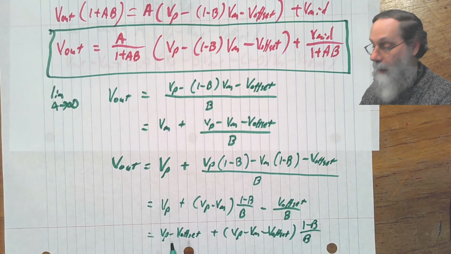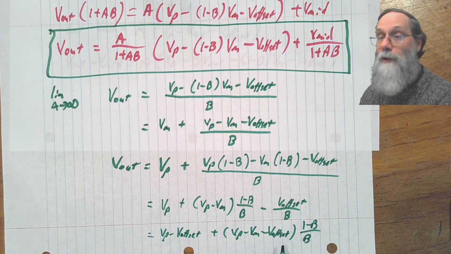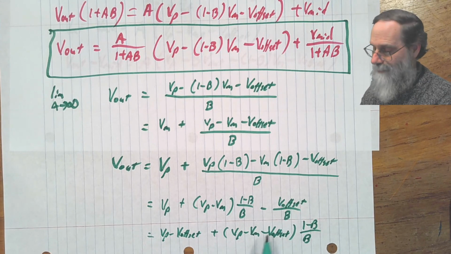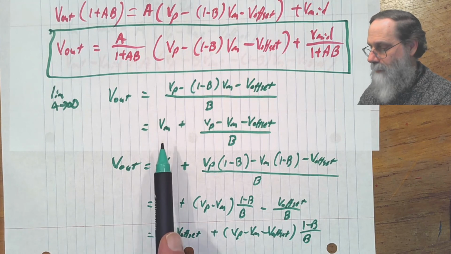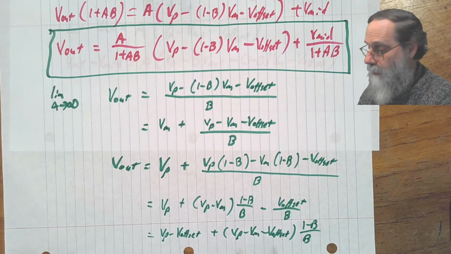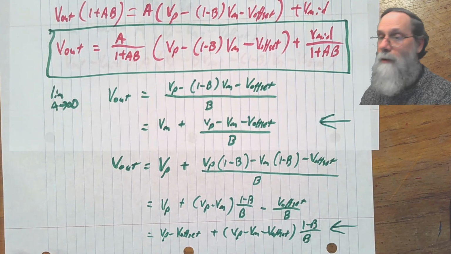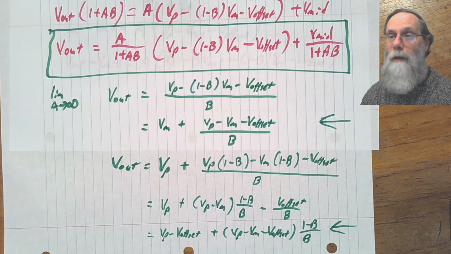Here we have a gain of 1 over B, and here we have a gain of 1 minus B over B, times the thing we're trying to amplify, Vp minus Vm, with that annoying little offset in there, and it's referenced either to Vm or Vp minus V offset. And so those are the formulas we most often use with negative feedback amplifiers.